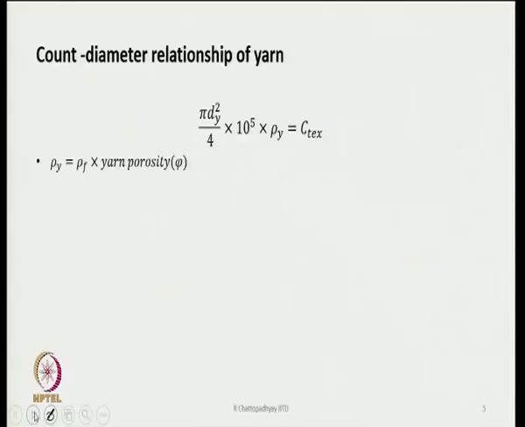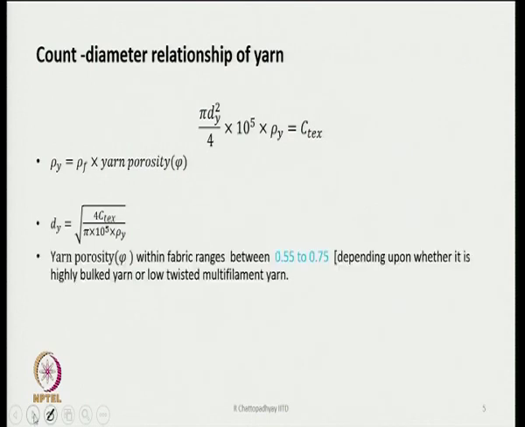There is a typical relationship available in the textbooks: pi d y squared by 4 into 10 to the power 5 into rho y is the count value of the yarn, C tex, and yarn density is fiber density into yarn porosity. Therefore, the diameter of the yarn is root over 4 C tex by pi into 10 to the power 5 into rho y.